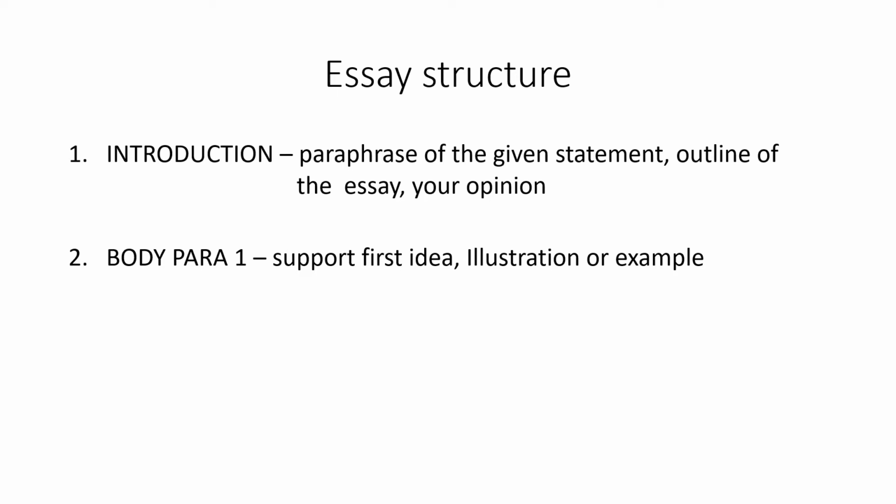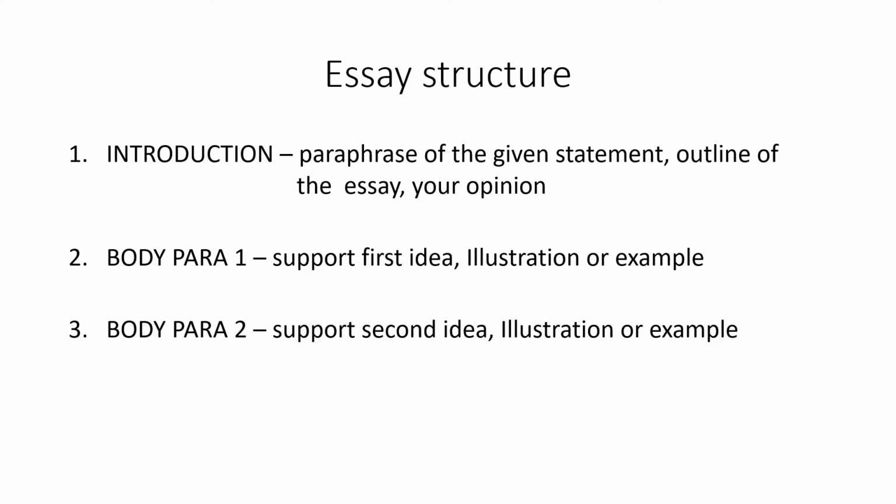Then, moving on to body paragraph 2, you will have to highlight the second idea being mentioned in the question. Don't forget to explain any one of the points with an example or an illustration.